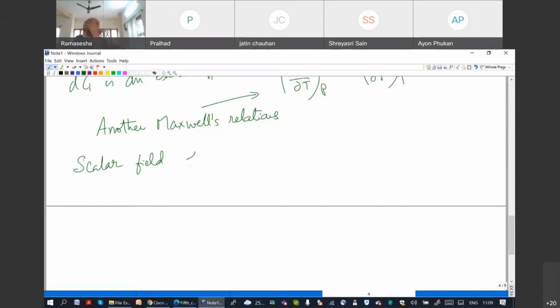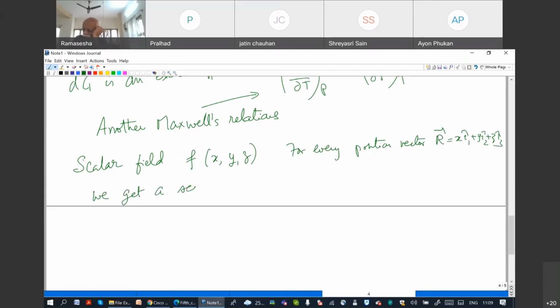The scalar field is f of x, y, z, which means that for every position vector r equal to x i1 plus y i2 plus z i3, we get a scalar value, and that is given by f of r.